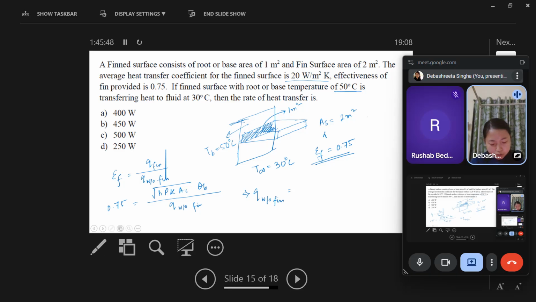Here we don't know what shape it is. I have just drawn it as rectangular, but the shape is not given here. They have just given the base area. So we don't know how to calculate this AC. So instead, the base area is given, that is 1 meter square. So base area is included in Q without fin. That is H AB into theta B.